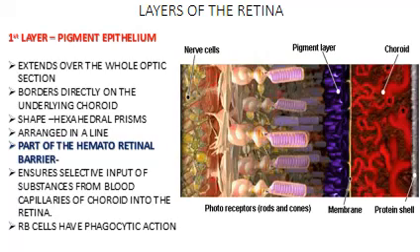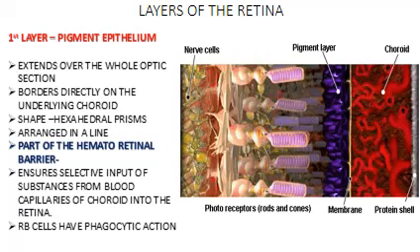That means next to that you have the choroid layer. As you can see in the right diagram, the purple colored retinal pigment epithelium is made up of hexahedral prisms, and it is arranged in a line.